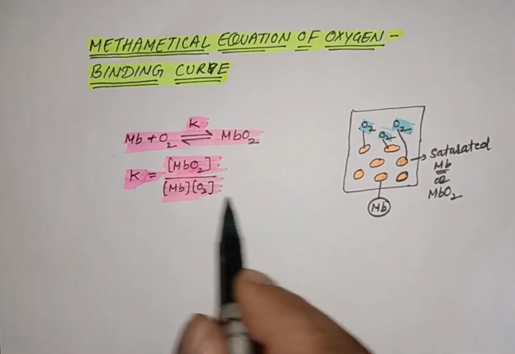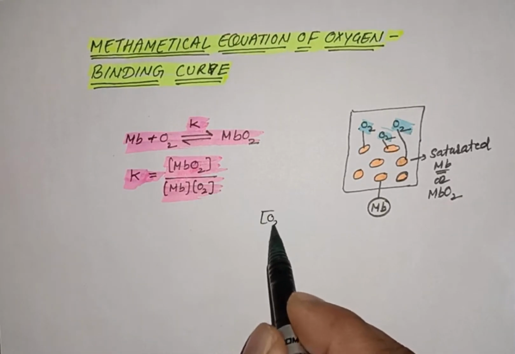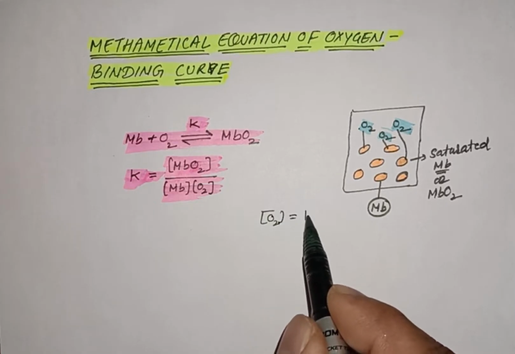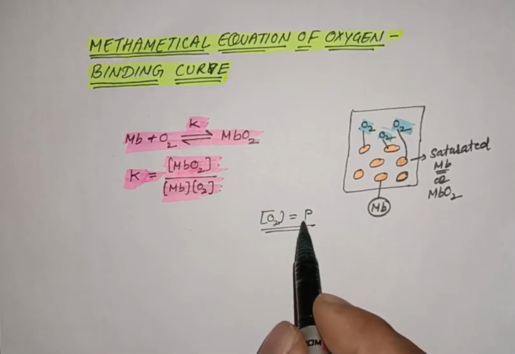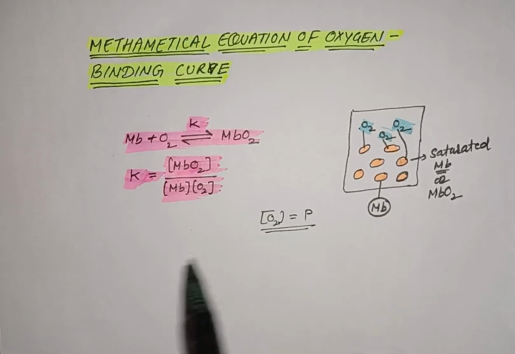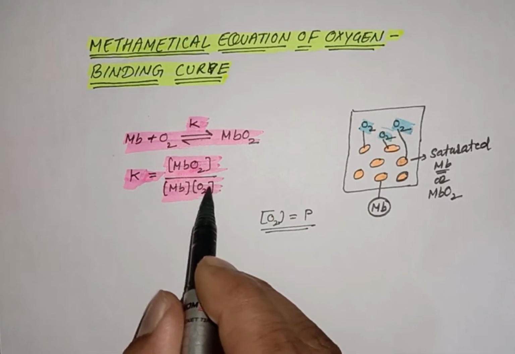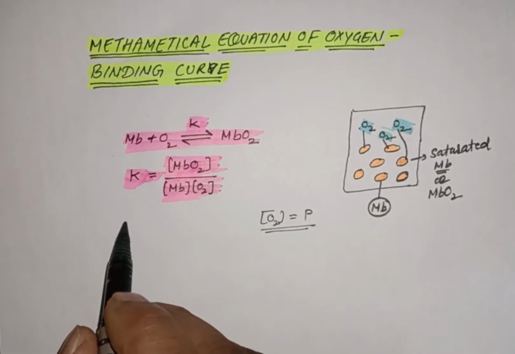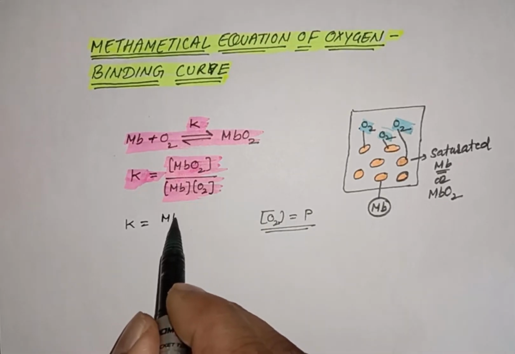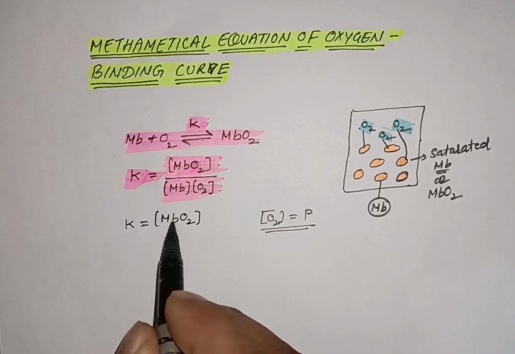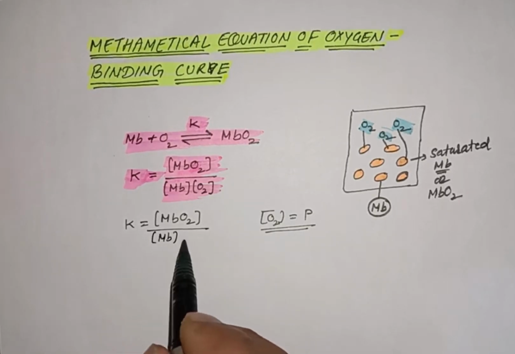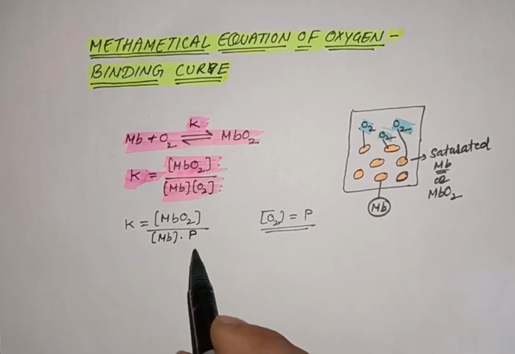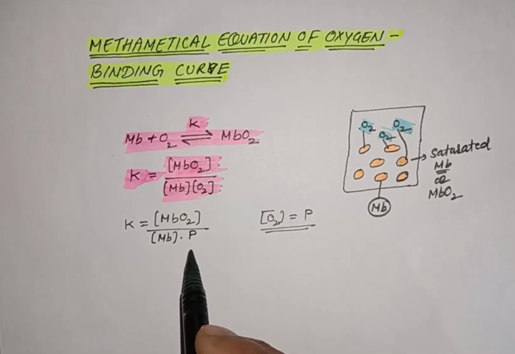Since oxygen is a gas, the concentration of O2 can be replaced by the partial pressure P of oxygen gas present in the blood. So K is equal to the MbO2 concentration divided by the Mb concentration, multiplied by P.